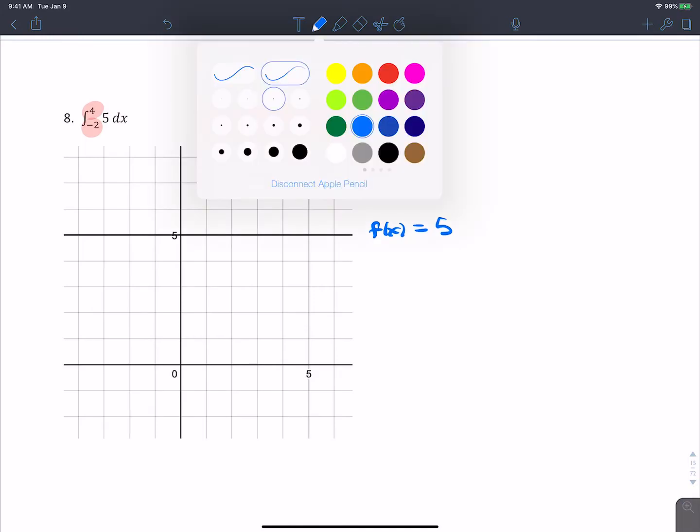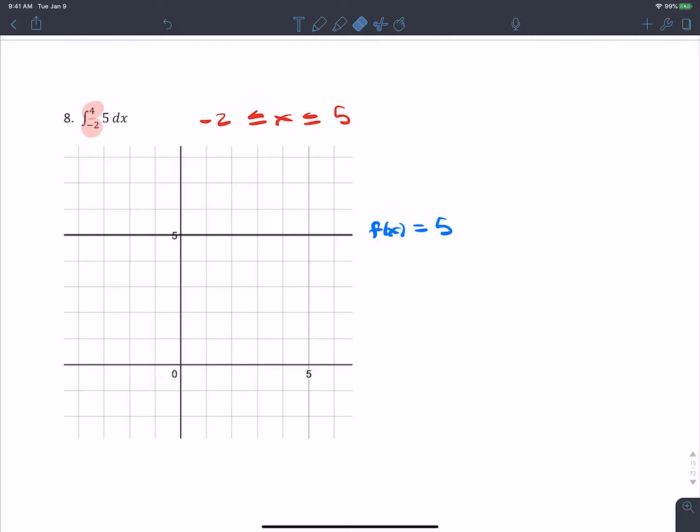So when we notate again where negative 2 would be, that's to the left over here. And positive 5 is to the right here. Right, that's x is 5. 4. I apologize. Thank you.